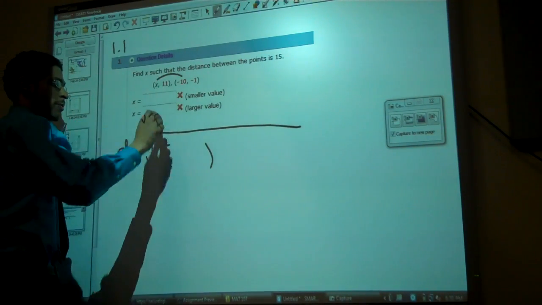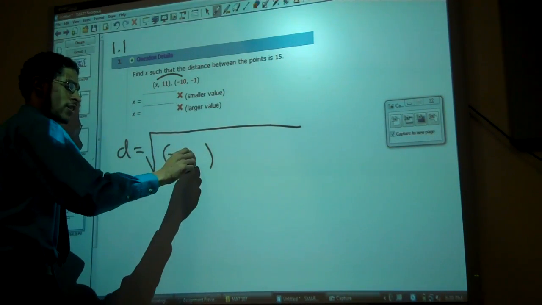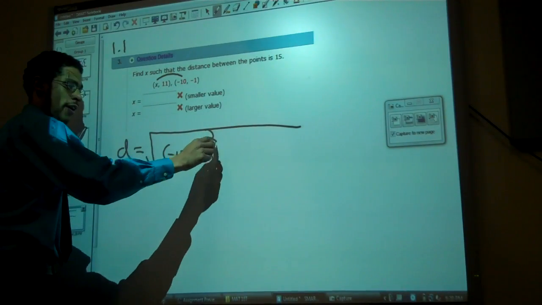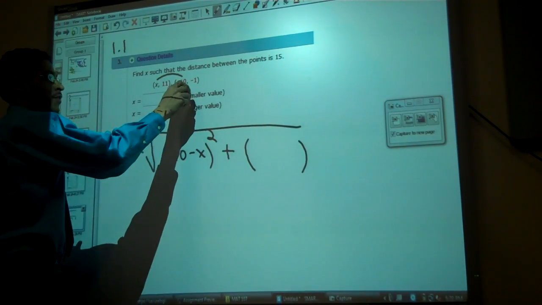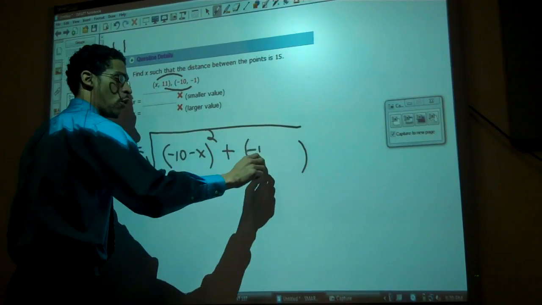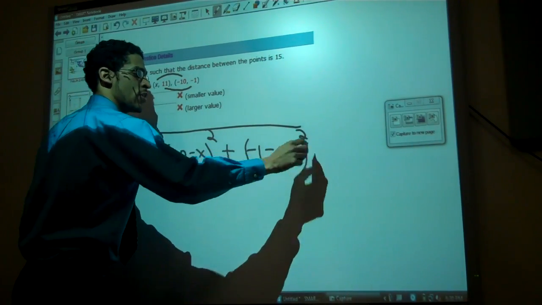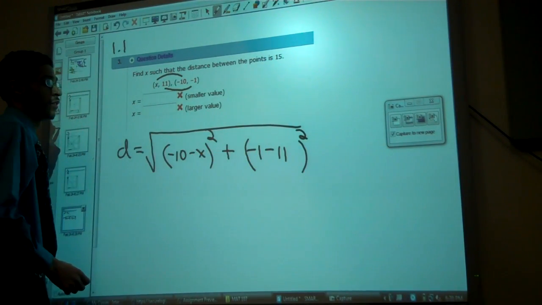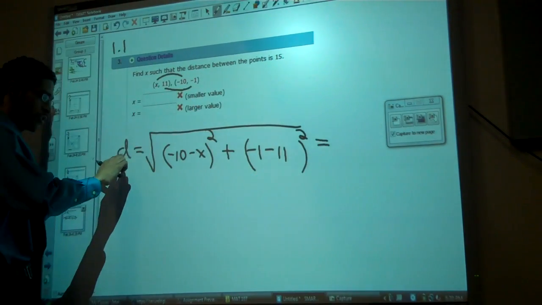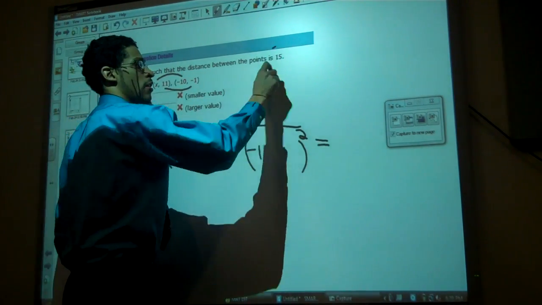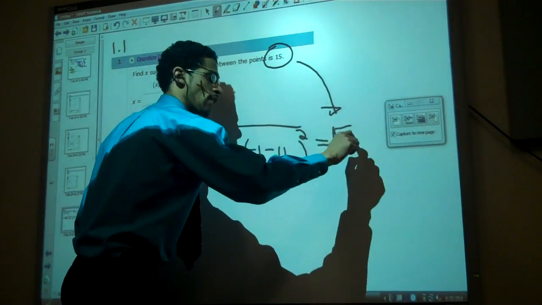If you want to go in this order, be careful. -10, take away x, square, plus subtract the y's, -1, take away 11, square. And then this distance should be equal to 15.